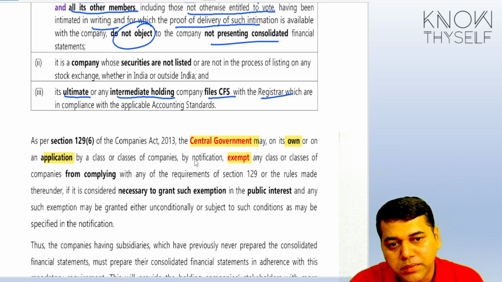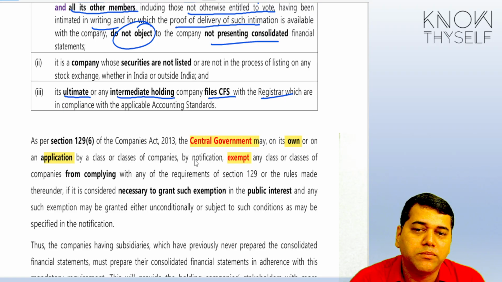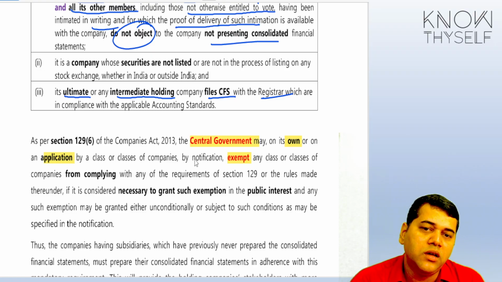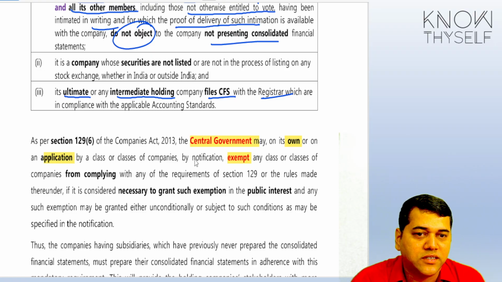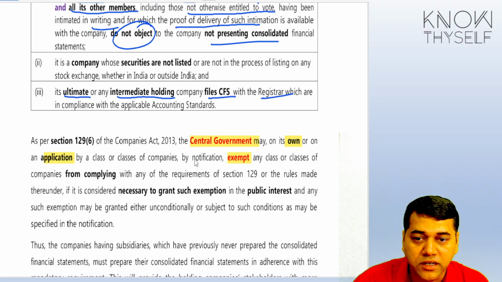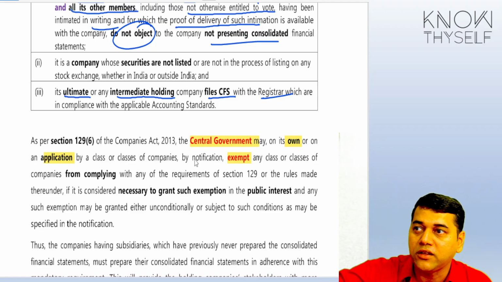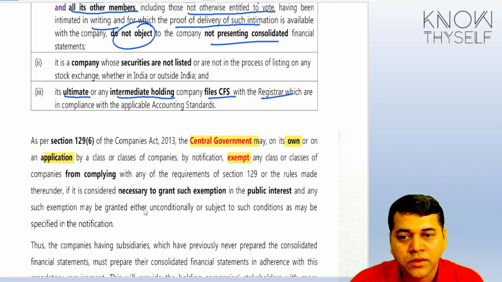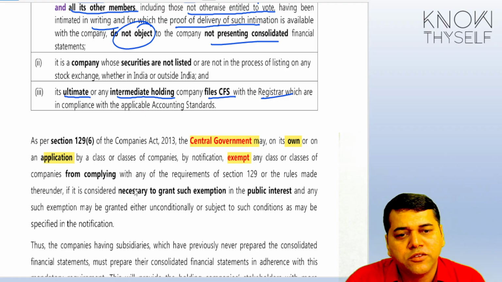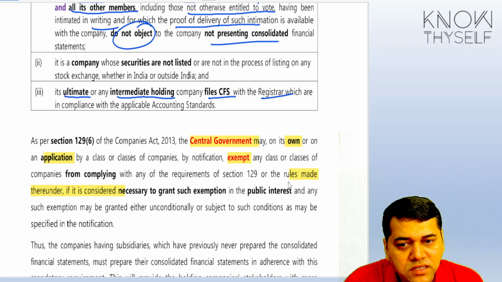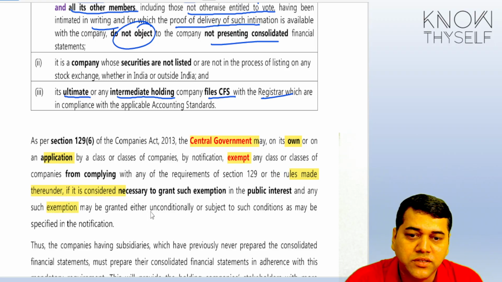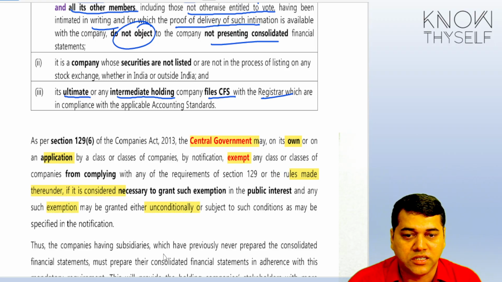For certain classes of companies, if they feel that consolidation may not add much value, or maybe say the defense sector, they don't want to show that consolidated picture, they may have it internally, but they don't want to show how it looks consolidation-wise. So maybe they may grant in the public interest, such exemptions either conditionally or unconditionally.